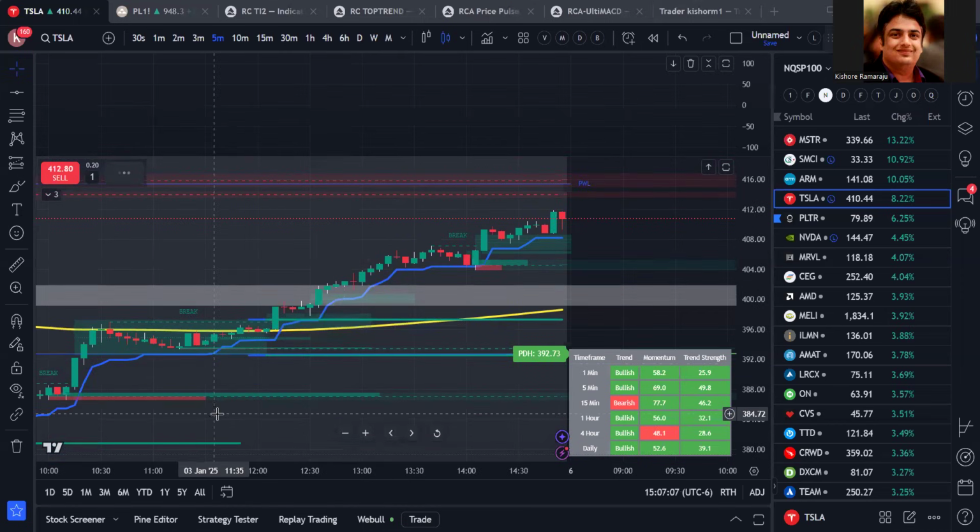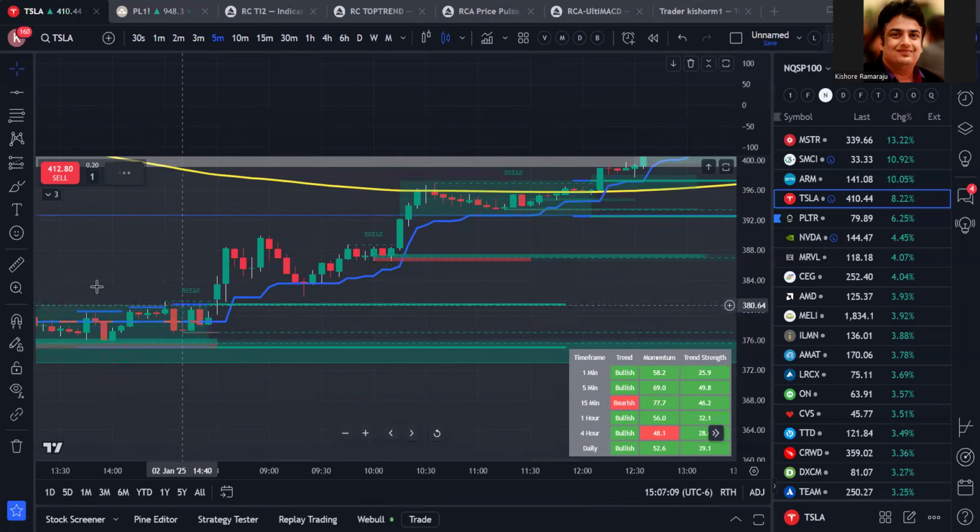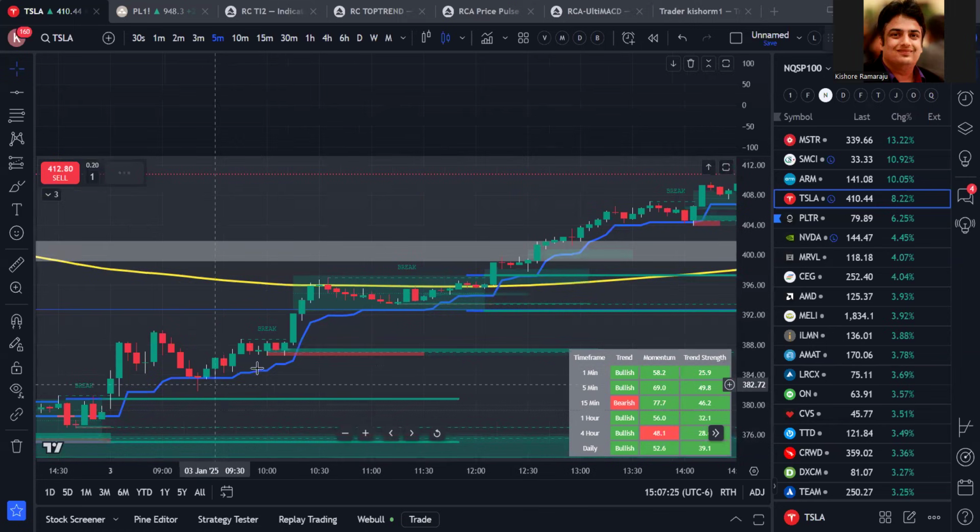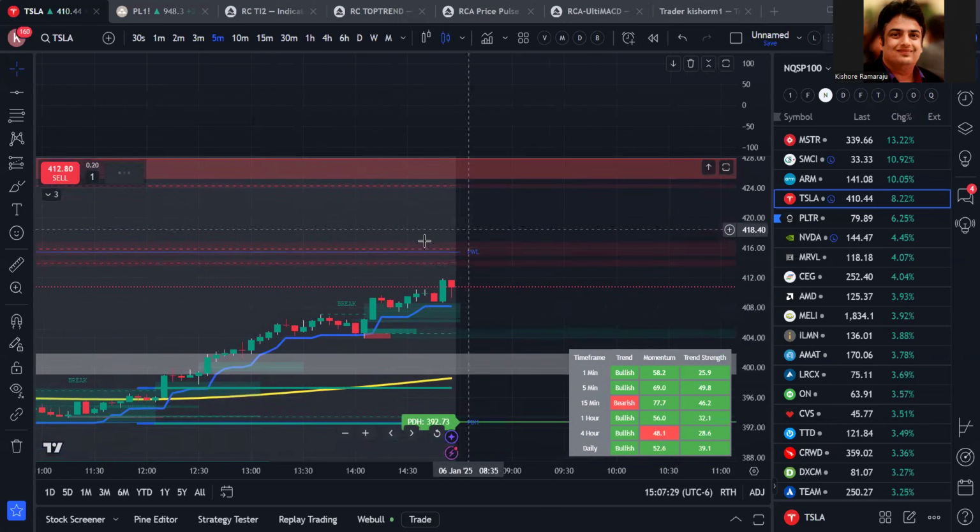So whenever something comes to a discount area, if you can do calls, you can do bull put spreads, right? It came to discount and the line turned to blue. And then you can go long, you can buy the stocks, or you can do options, you can do futures. And as you see, the line continued to be blue for the entire day, and you don't see any sell orders.